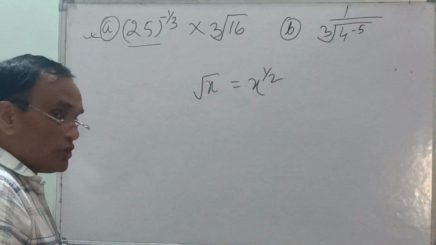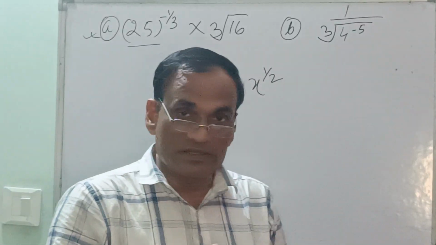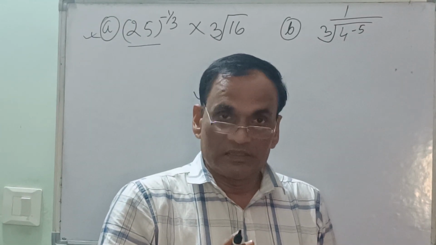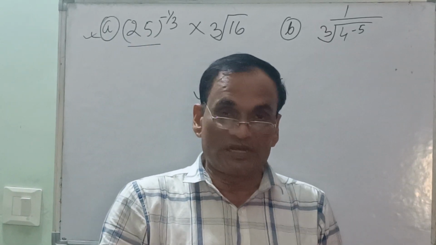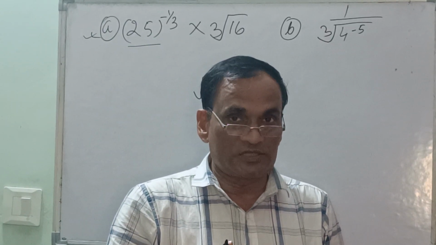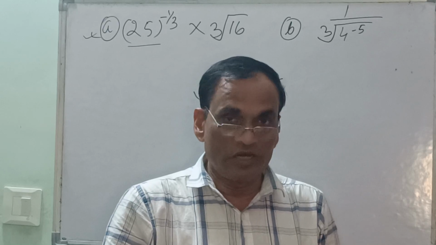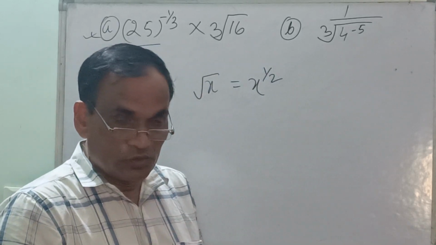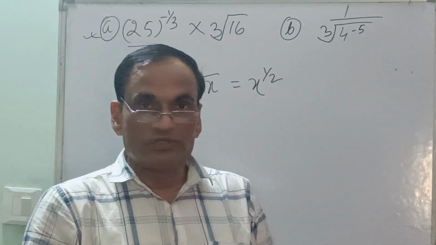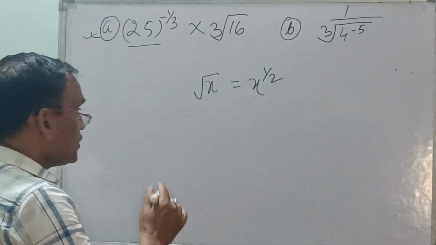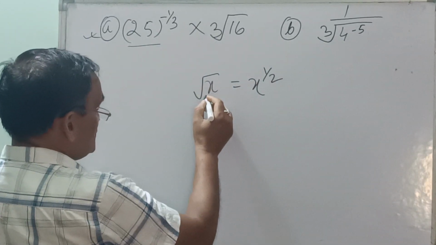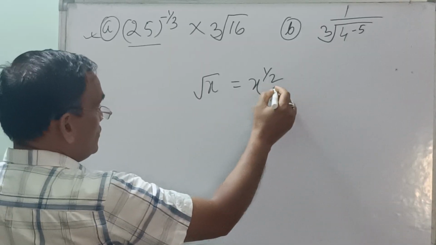And as I told you, you must practice at home. In maths, we should know the three mantras: practice, practice, practice. If you don't practice, you cannot solve. So practice is important.